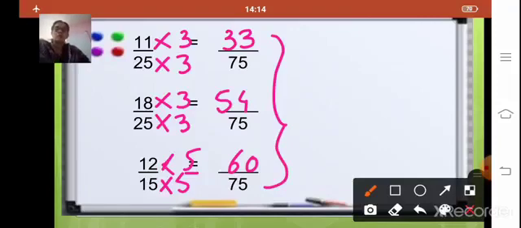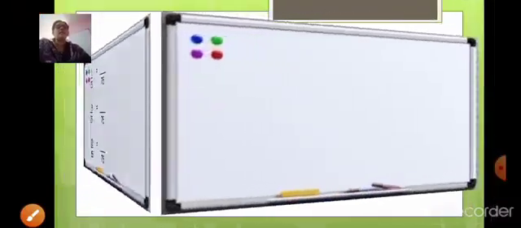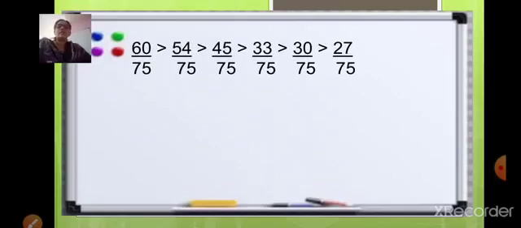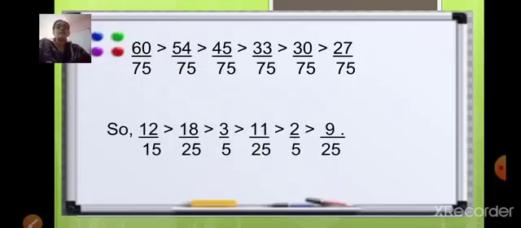Now your third step is, you will compare the numerators. So now compare the numerators. 60 is greater than 54, 45, 33, 30 and 27. Now when you arrange it in descending order, you'll replace it with the original fractions which were given in the question.